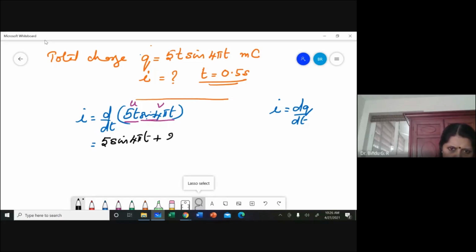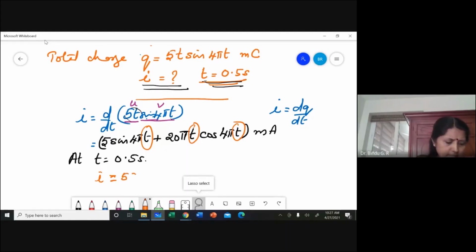So you will get 20 pi t cos 4 pi t. I took this as one quantity, this as the other quantity. So in milliampere, you get pi sine 2 pi plus 10 pi cos 2 pi, which will be 10 pi, which will be 31.42 milliampere.